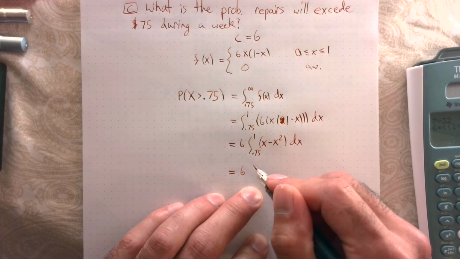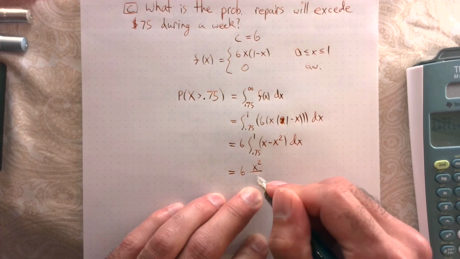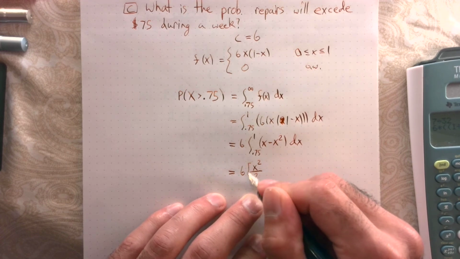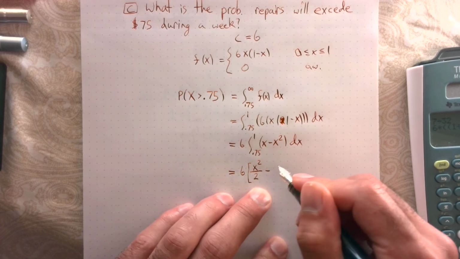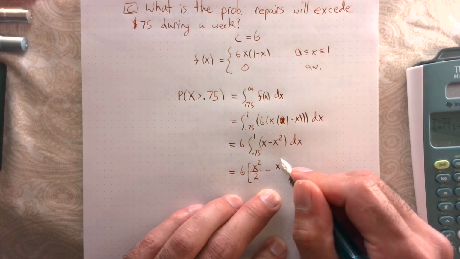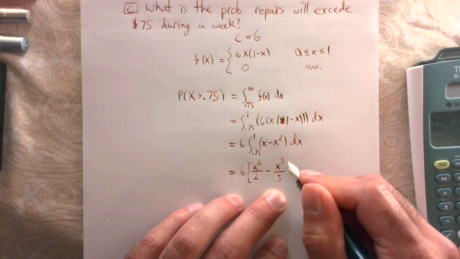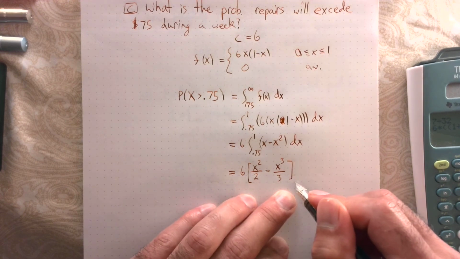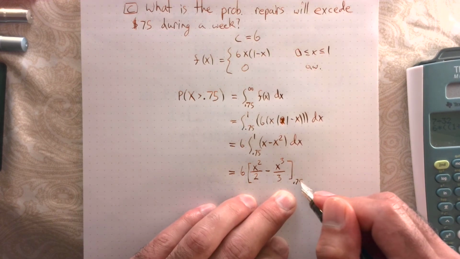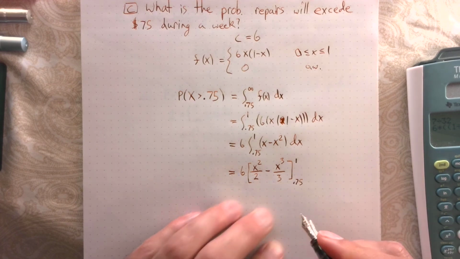So we add 1, we get x squared, and divide by that new power of 2. And then we do minus, we do the same thing, add 1, x cubed, over the new power of 3. And we're evaluating this from 0.75 to 1.